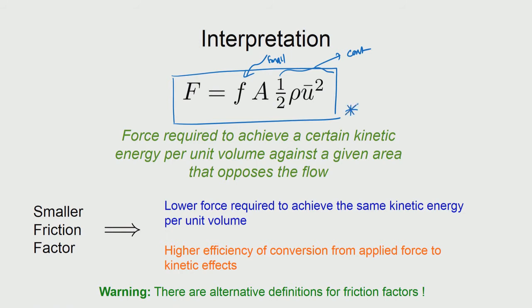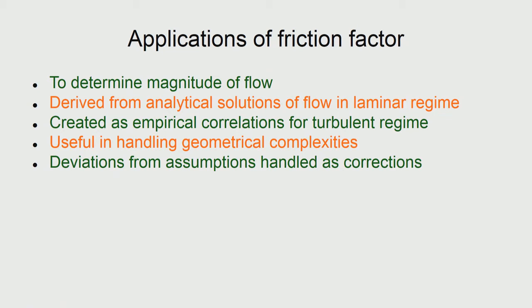We have to also look at the definition of a friction factor that is different in different models, but by and large when nothing is told, then it is this way that we are considering the friction factor.